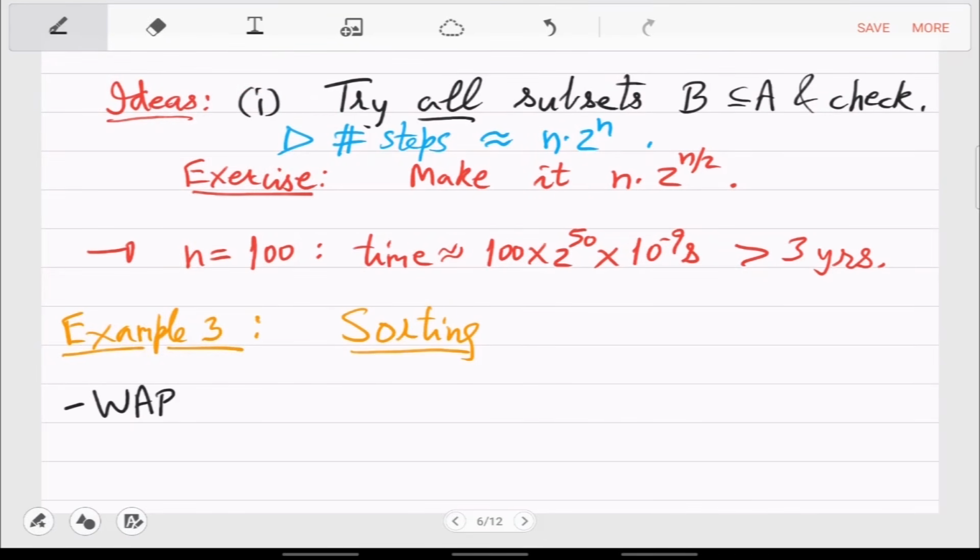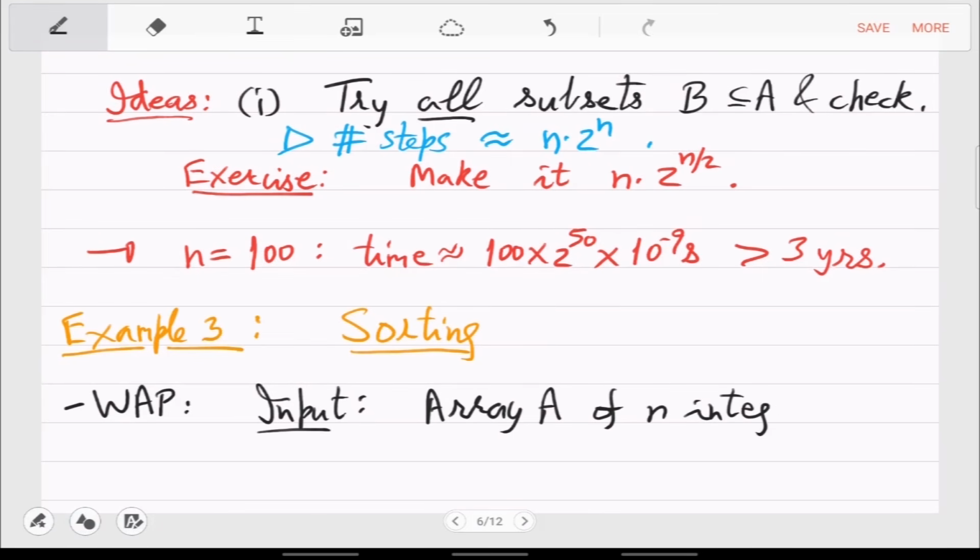Here you have to write a program which takes as input an array A of n integers, and in the output you want to sort it, let's say in ascending order.